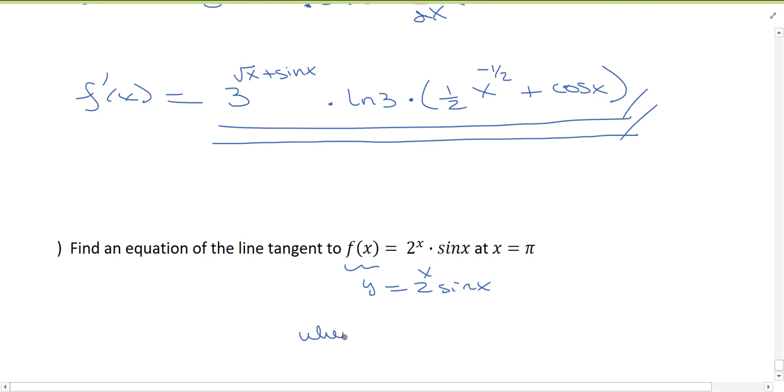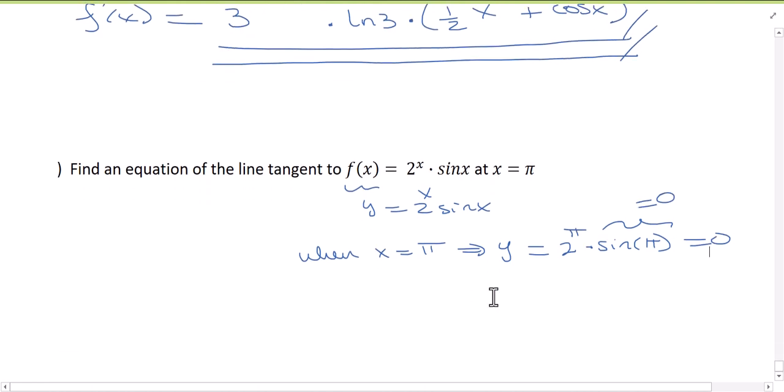So when x is pi, what's y? So y will be 2 to the pi times sine of pi. Well, this was nice. Sine of pi is 0, so that means y is just 0. So my point is x is pi and y is 0.